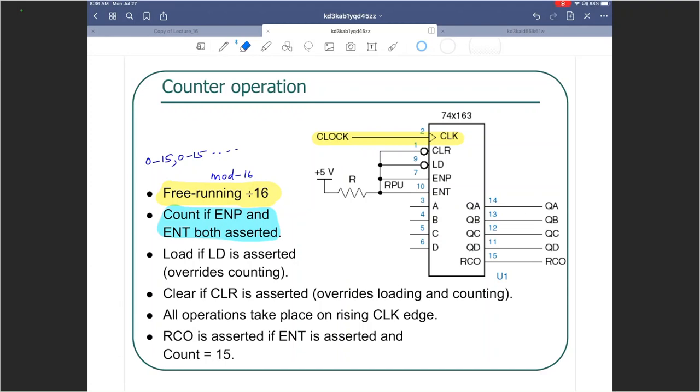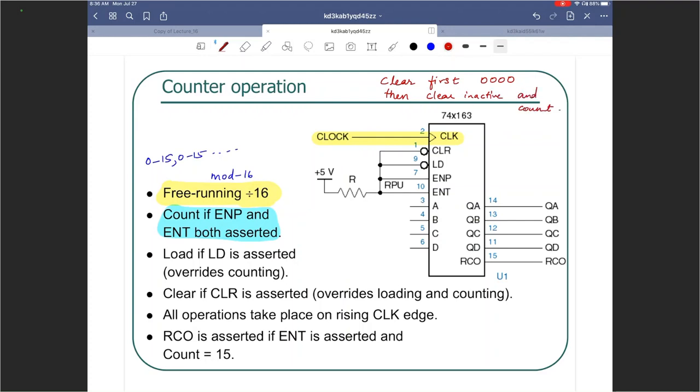So what do I need to do? Load is one option. A better option is to use clear, right? So if I clear first to make them 0, 0, 0, 0, then you make clear inactive and count.